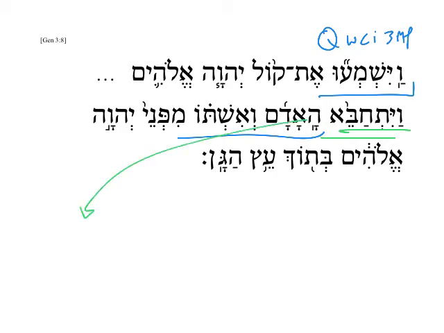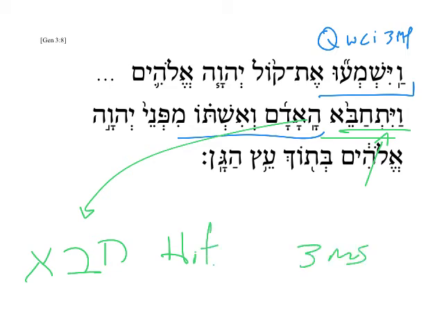This one comes from the root chet bet aleph, to hide. Now in this case, what we can see easily is it is from the hitpael, and it's 3ms. And in this case, it's the vav consecutive imperfect as well.